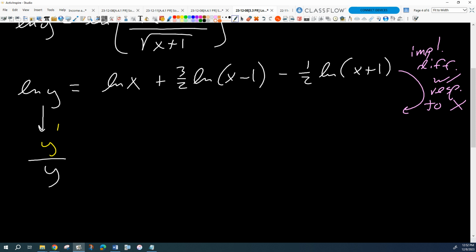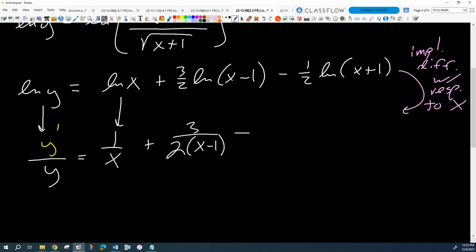Okay, equals, these are all easy. What's the derivative of log x? 1 over x. What's the derivative of log x plus 1? Well, we'll multiply by 3/2, but what's the derivative of log x minus 1? What is it? Exactly, times 3/2 is just 3 over 2 times x minus 1, right?